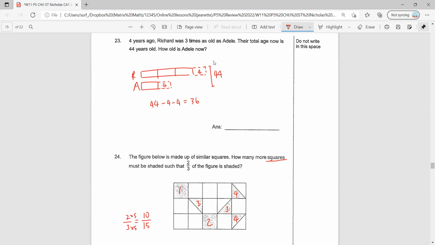So 36 is 4 units. Then divide by 4. But 1 unit is 9, and then it's not 9. 9 plus 4, because the 1 unit is 4 years ago, so 9 plus 4. 13.